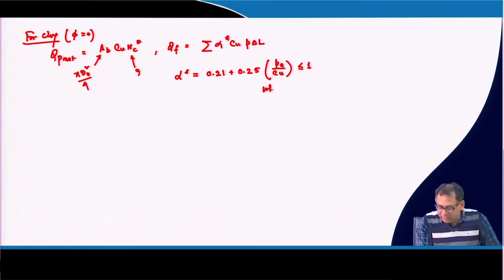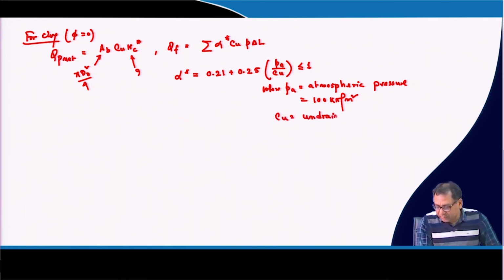Where PA is equal to atmospheric pressure, which is basically 100 kilonewton per meter square, and Cu is the undrained cohesion, also in kilonewton per meter square.